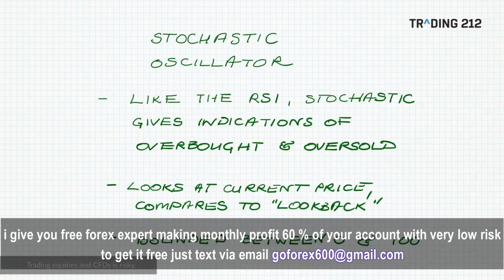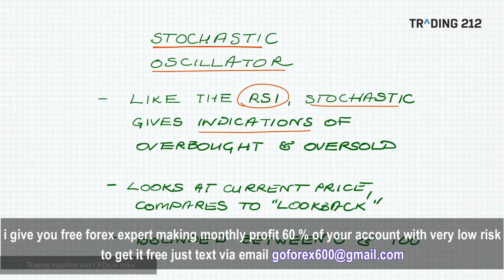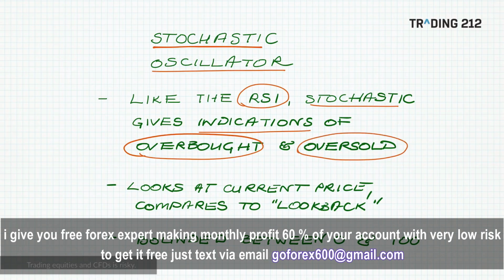Some further points about the stochastic oscillator. Like the relative strength index, the RSI, the stochastic oscillator gives indications of when it thinks the market is overbought and oversold. It does this by looking at the current price and comparing it to price in the past, to a look-back period.